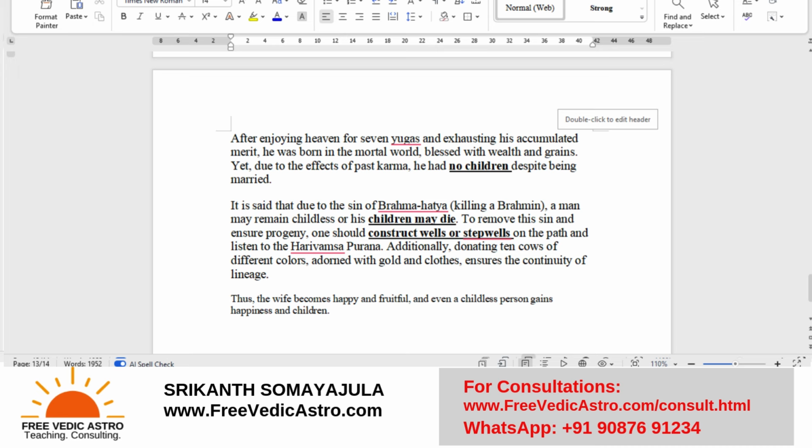So if you do some remedies, the remedy that the Raja did was constructing a well so that people can drink water from it. You need not construct a well, but you can always offer water during the hot summer.